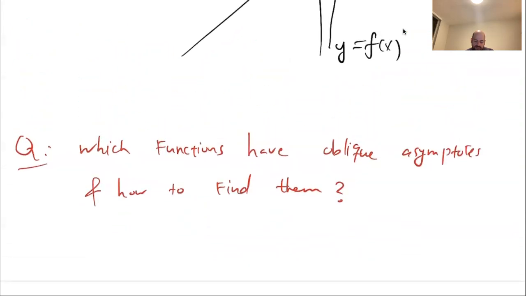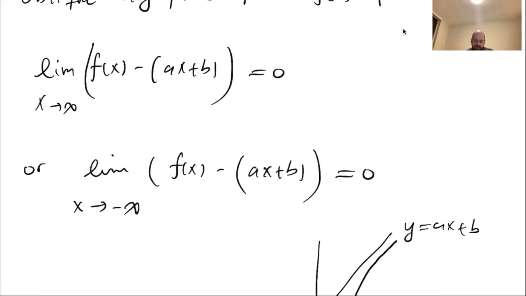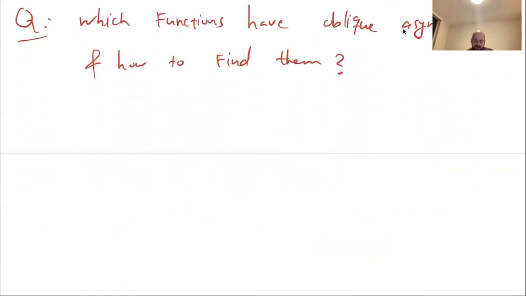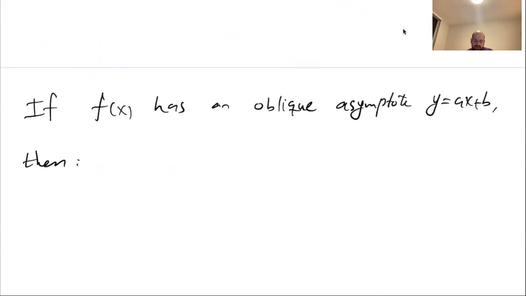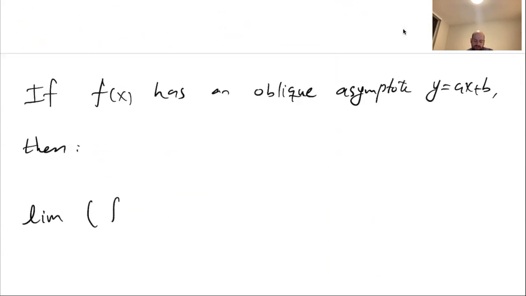So what was the expression that we had here? The limit of f of x minus (ax plus b) must be 0. So if f of x has an oblique asymptote y equals ax plus b, then the limit of f of x minus (ax plus b) will be 0 as x goes to infinity or minus infinity.